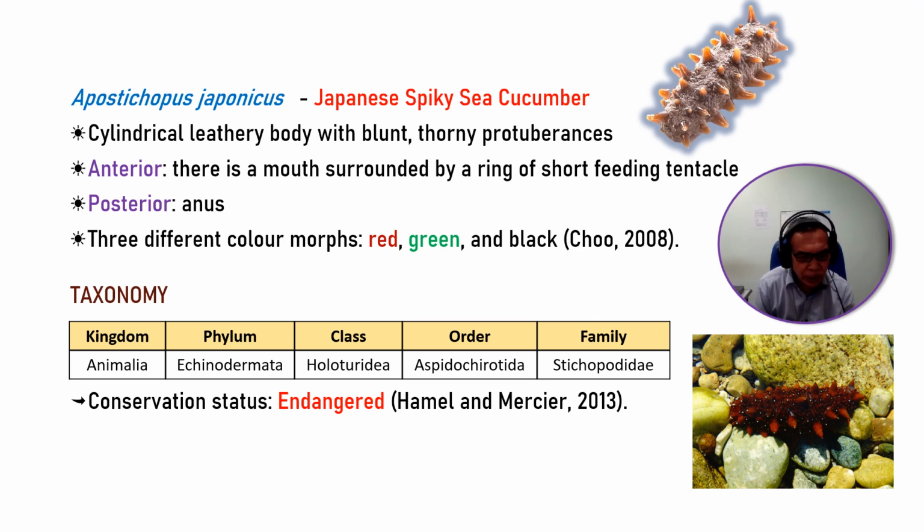There are three different color morphs for this particular species: red, green, and black. This table is its taxonomy, and the conservation status is declared in the Gazette.